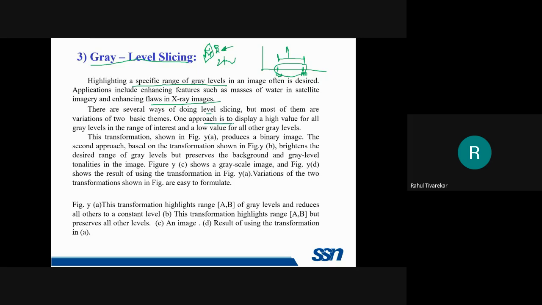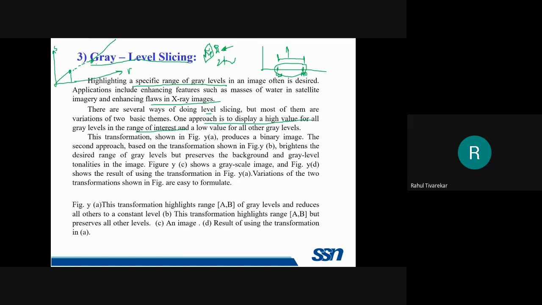One is to display the high value for all the gray levels in the range of interest. So one solution is, you take the intensities which are under interest. Suppose this is the general transformation from gray level R to gray level S. This side is R and the vertical axis is S, and I want to convert all the R values to S values depending on intensities.